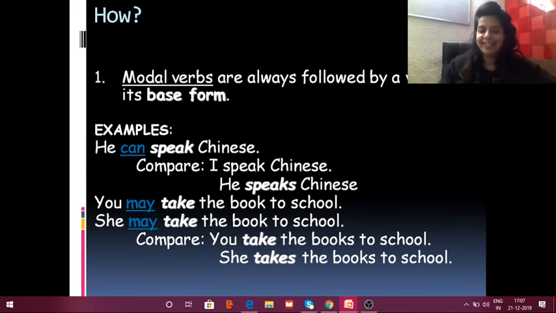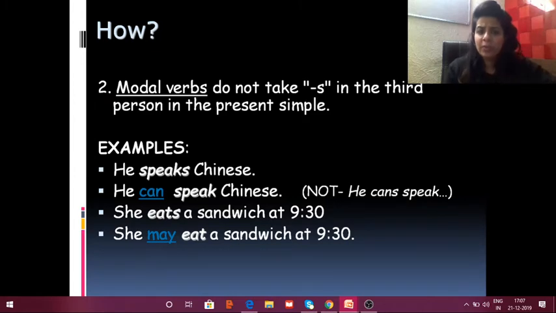Okay? Next. Modal verbs do not take s in the third person in the present simple. It does not take that. For example, we say he speaks Chinese. He can speak Chinese. He cannot speak Chinese. But do we ever say he cans speak Chinese?